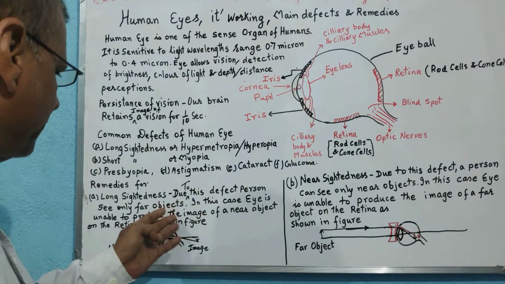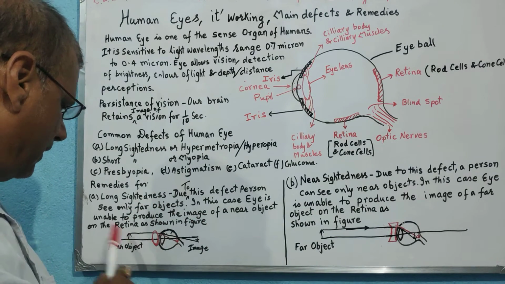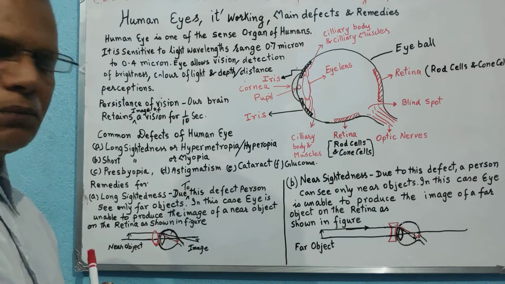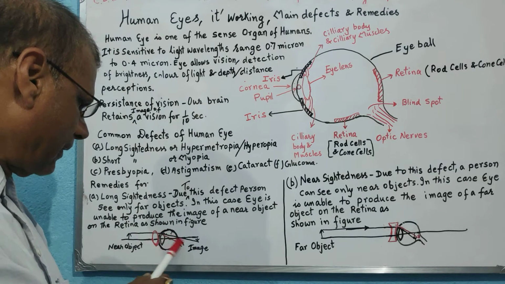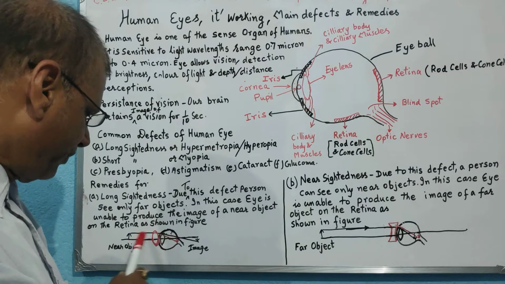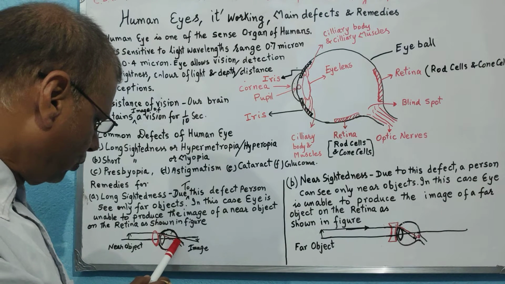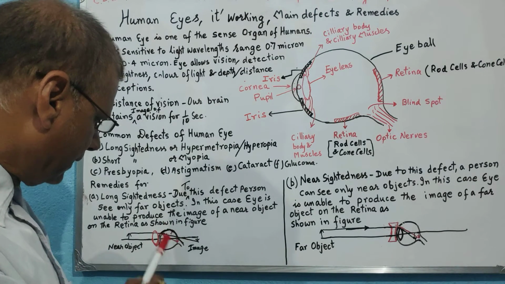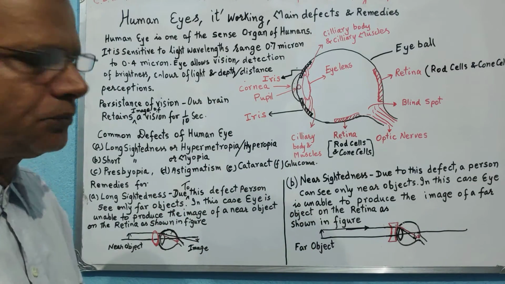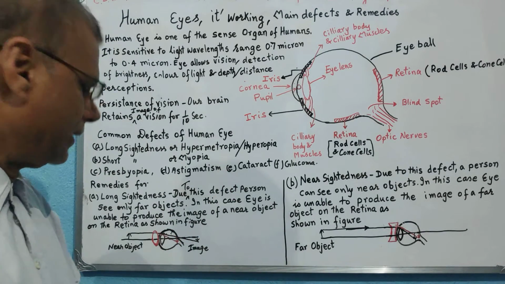So in the case of long-sightedness, what happens? You are able to see the distant objects clearly, meaning there is no problem. But if the object is very close to our eye, the image formed by our eye lens alone is not formed on the retina. It is formed far beyond that. Therefore, the vision is not clear.